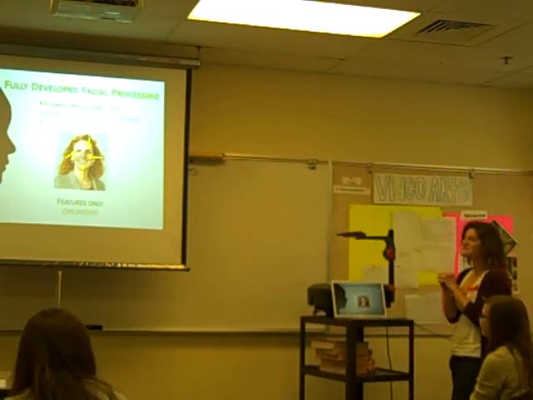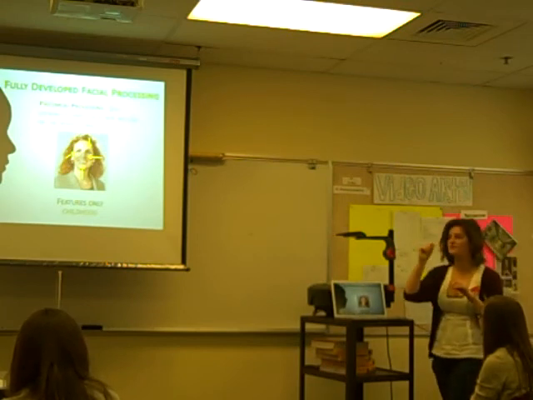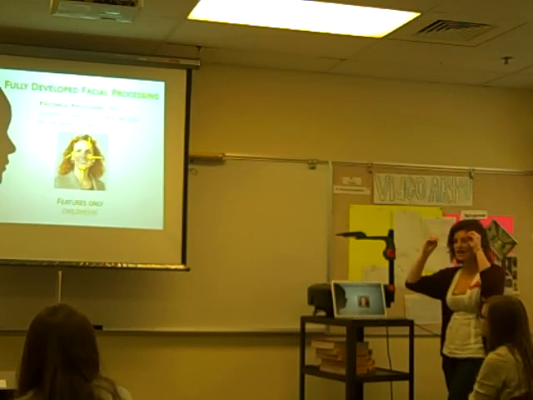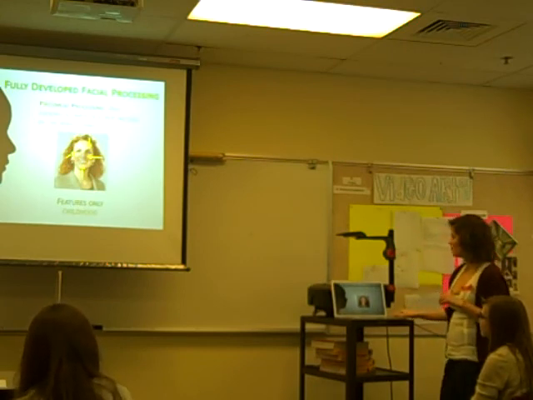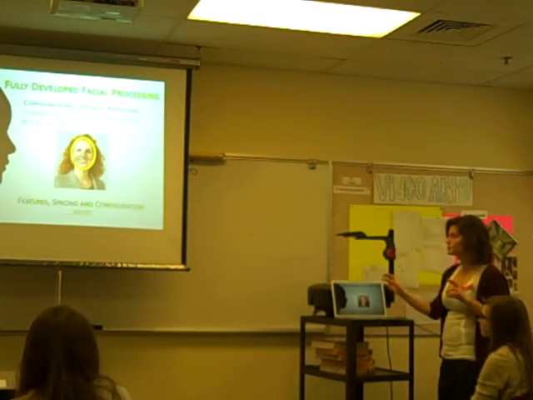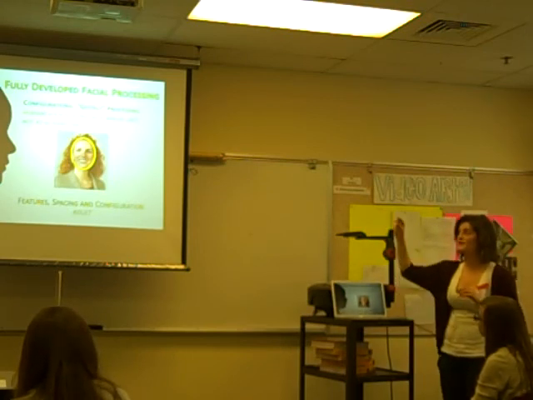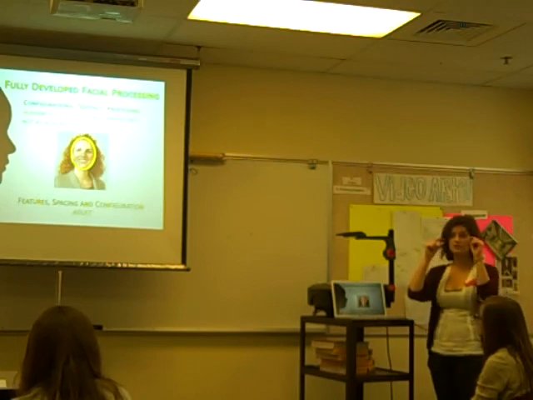Piecemeal processing is looking at different parts of the face, so identifying someone by their nose or their eyes, looking at individual features. Whereas configurational or gestalt processing deals with the spacing and how your features are arranged on your face.